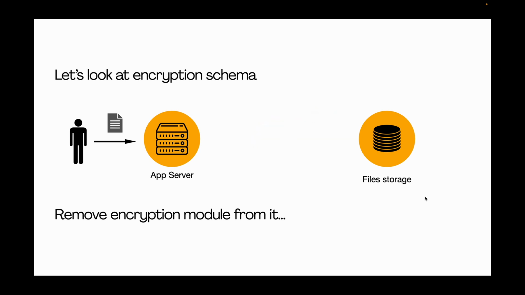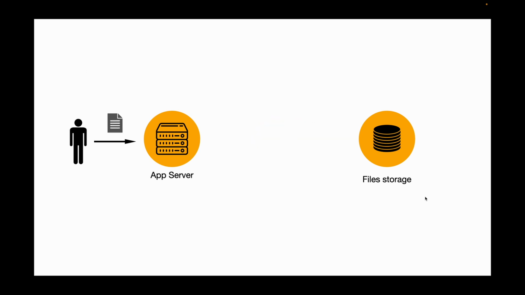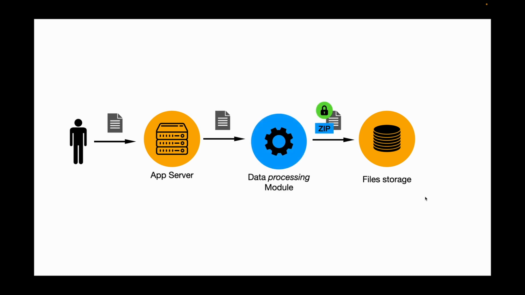It doesn't matter for our design. For simplicity, we consider it as one server with two modules. So now this module does two things. It encrypts our files and compresses them.